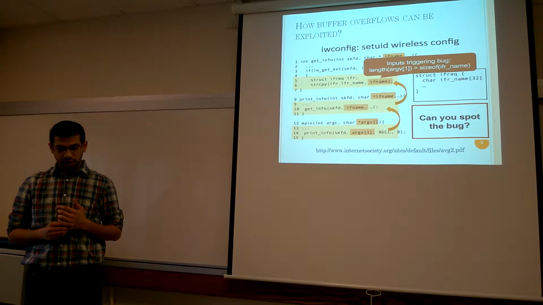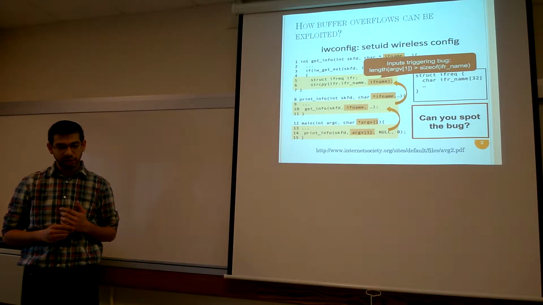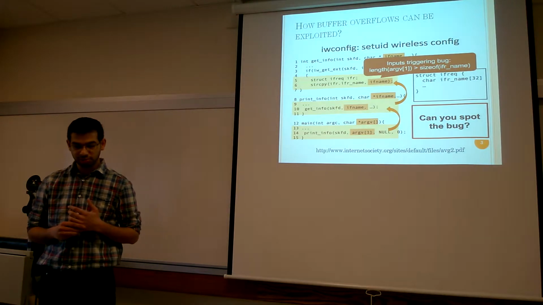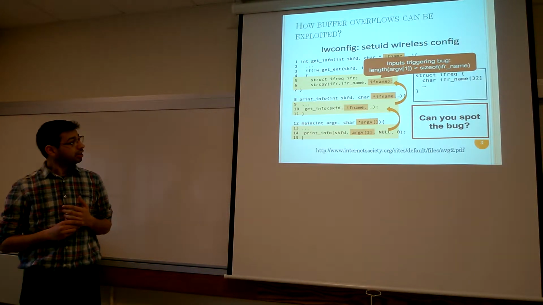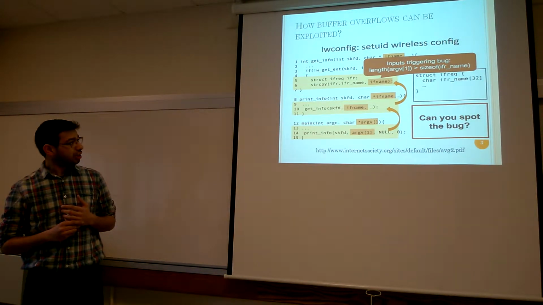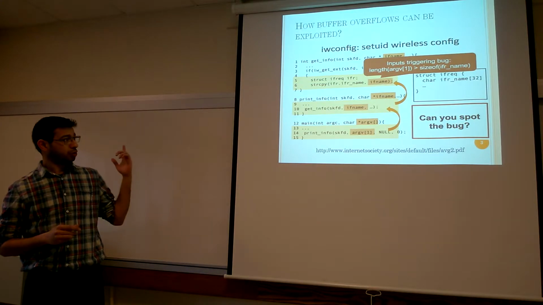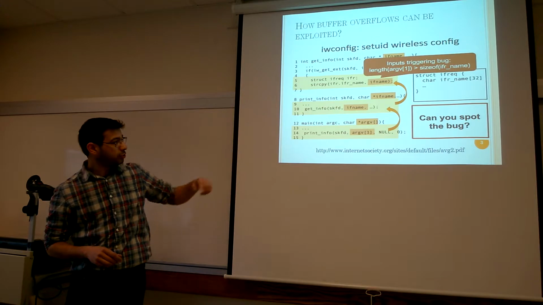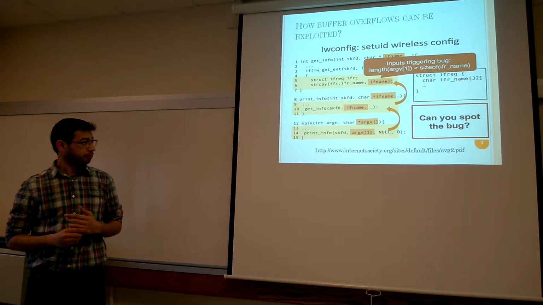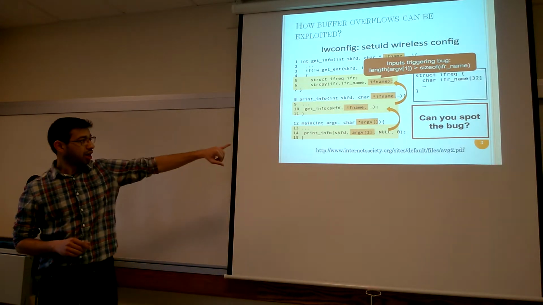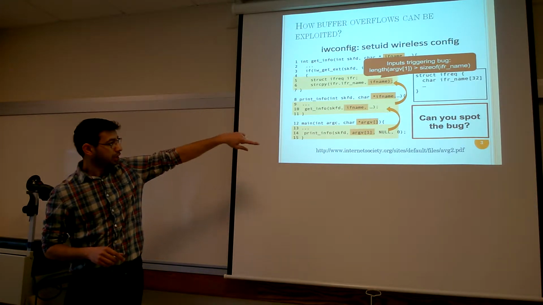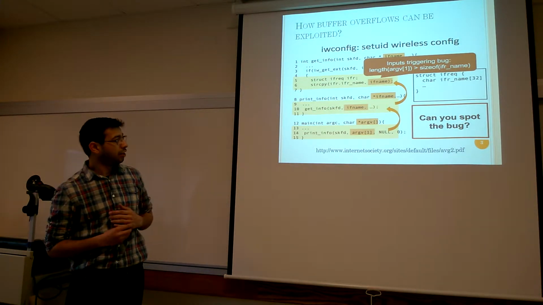There's this code which has been taken from iwconfig, which is a tool, and it shows us a vulnerability which was mentioned earlier. There's an argument which is being taken from the user, argv[1], and its value gets transferred to ifname.